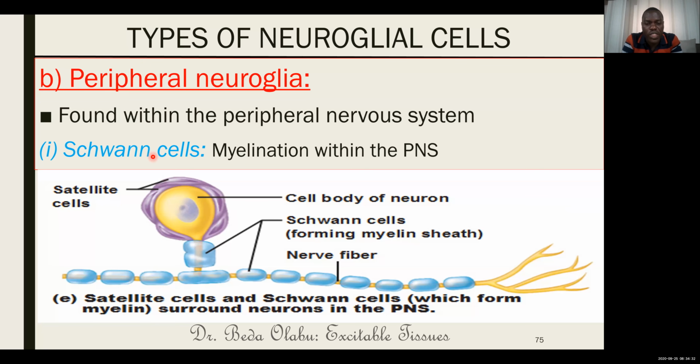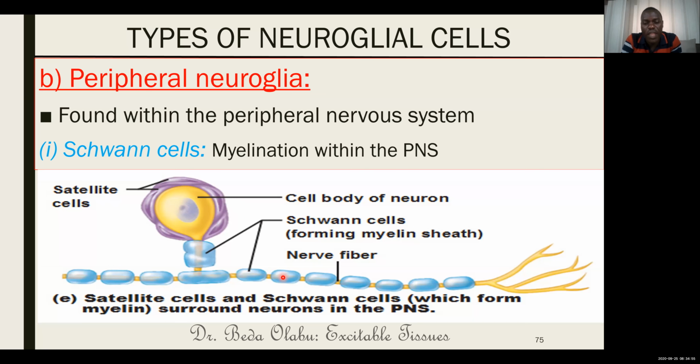What is important to note, even from this image, is that a single Schwann cell can only wrap around a single axon. So a single Schwann cell can only myelinate one axon.